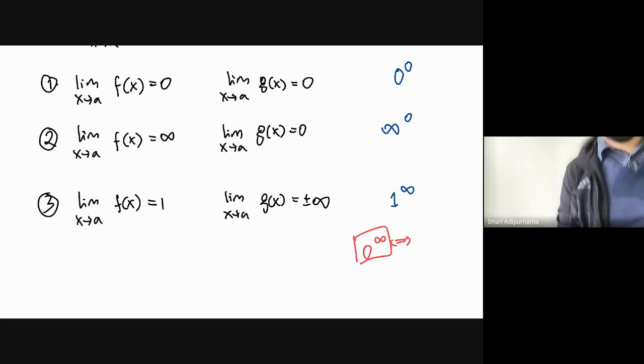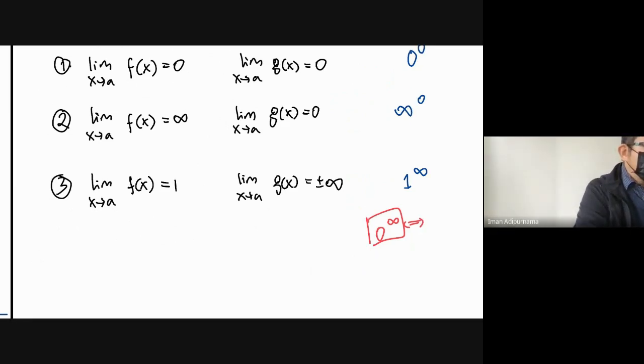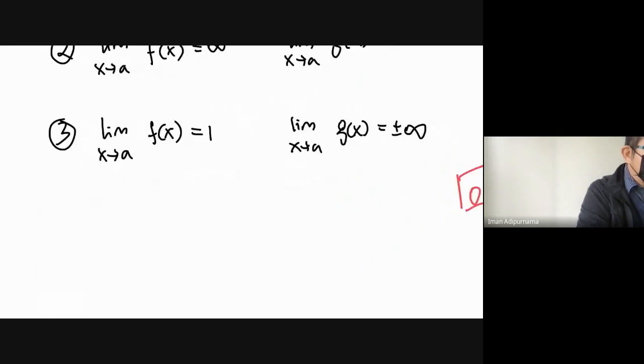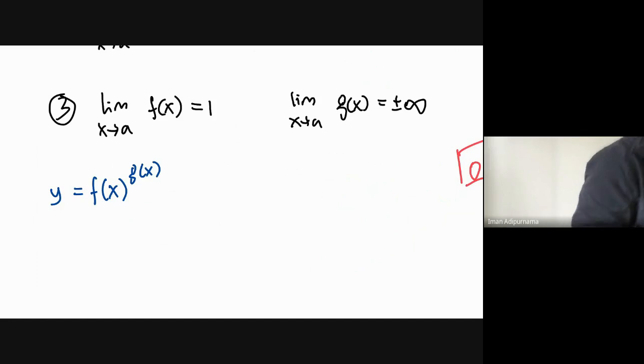Okay. So first thing is we can write the form, so we have this f of x to the power g of x. So let's write it in terms of y. And then, because we have a power here, like when you remember the implicit and the natural logarithm, we may have an ln here, and we can take this down. So it will be easy to observe or to evaluate. Okay?